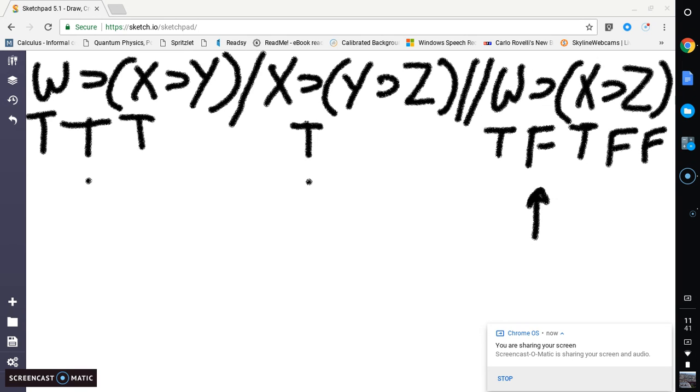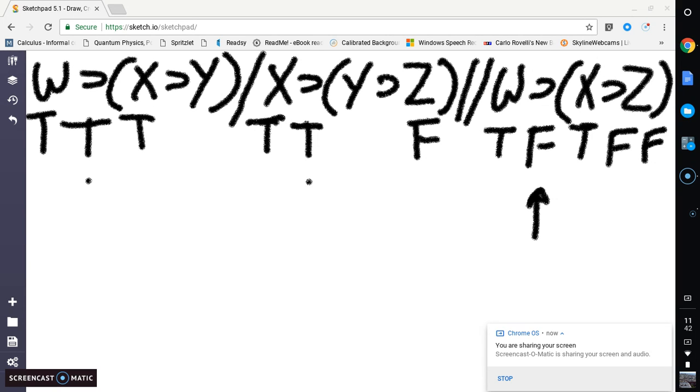And z is supposed to be false, so we'll go look for z and we mark it false. So let's see what follows from this. Oh, there's another x here that I didn't mark. So that x has to be marked true as well.